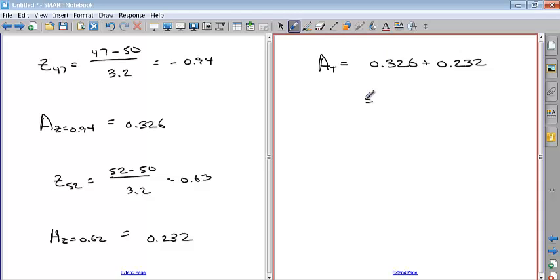So that's 0.558. So the probability of being between 47 and 52 is 0.558.